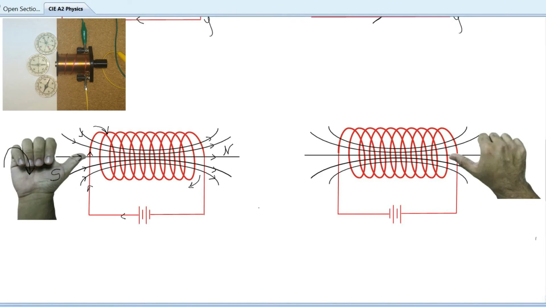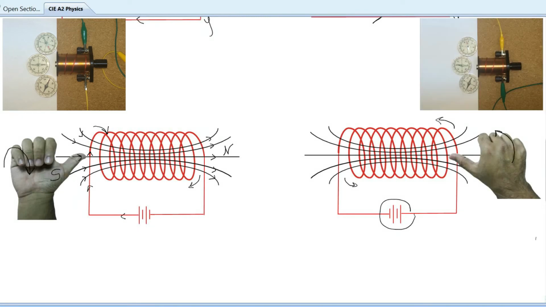So what happens again if you reverse the current? By reversing the battery, the current here is going into the page from the top and out of the page from the bottom. So if you curl your hand in the direction of the current, you'll find that the thumb is pointing to the left in this situation.